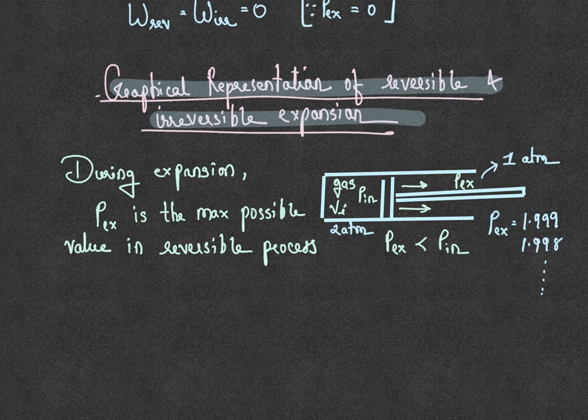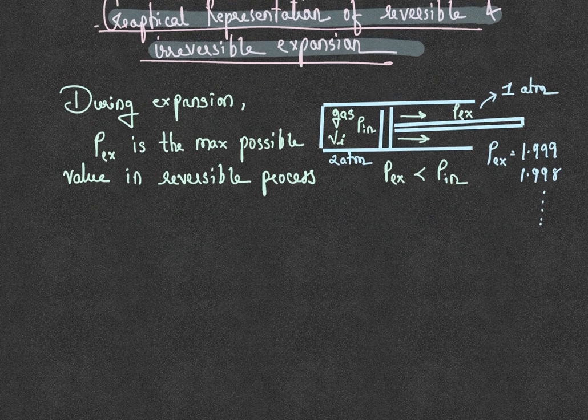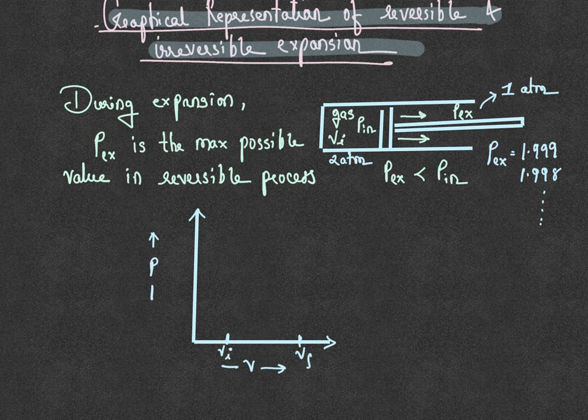So when we talk about how to plot a graph, let me show you how this works. We're doing expansion, VI to VF, right? Let's say this is P external.